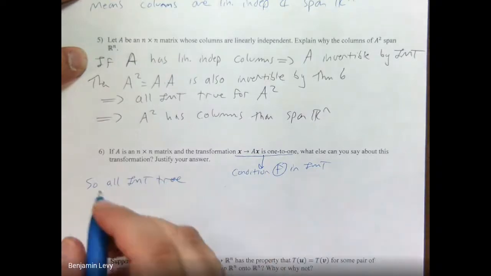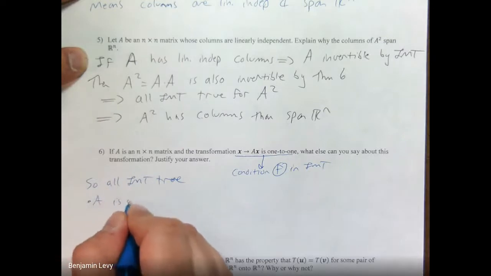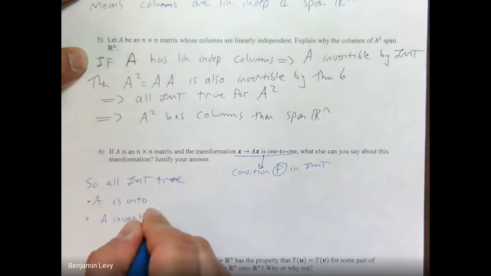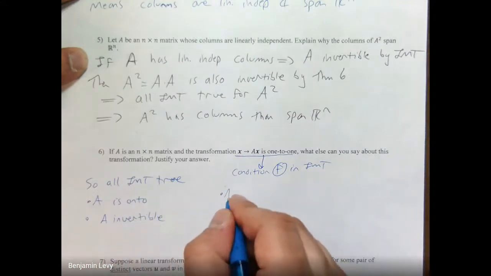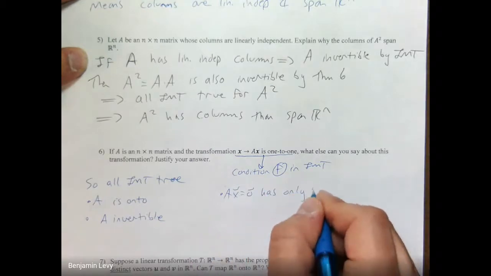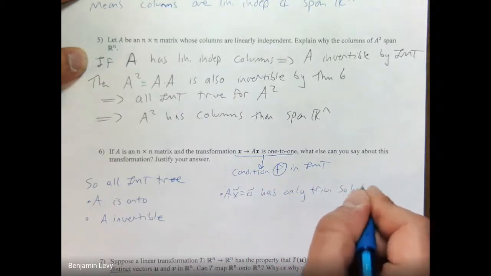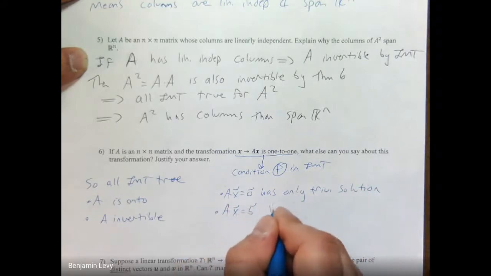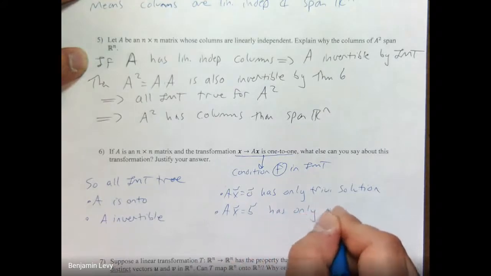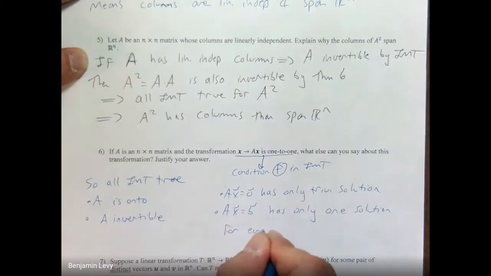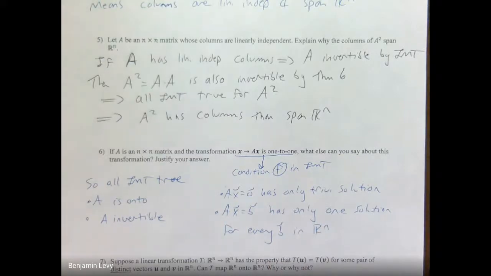And so we can say lots of things about A. A is onto, for example. That's one of the things. A is invertible. Right, we could say AX equals 0 has only the trivial solution. That's one of the parts. We could say that AX equals B has only one solution for every B. Those are both parts of the IMT.